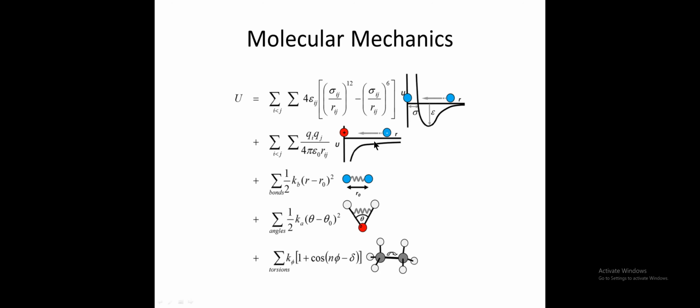Here, again, now we're looking at charged species, and just to point out that there are equations that will then allow us to calculate these values. We're looking at Coulombic interactions between positively and negatively charged species, or partially negatively and positively charged species.